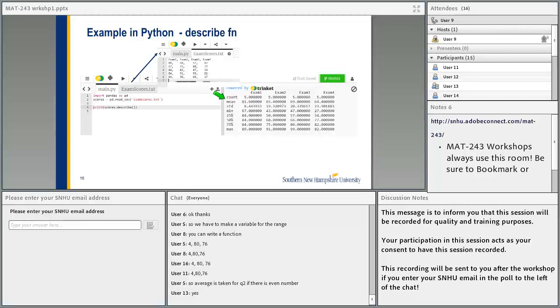For exam 1, the first one that it says, count, that's the number of values in that column. So for exam 1, there were 5 values. And then it gives the mean, then the standard deviation, the minimum, then the 3 percentile values, and then the maximum. So all of these can be found by just using the describe function.